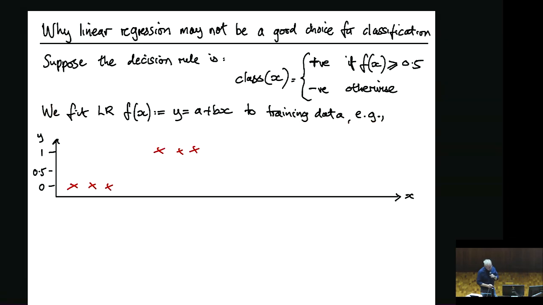Now let's suppose that the negatives were labeled 0 and the positives were labeled like this. Just in the way we described before, this is kind of what would happen. You would fit a model.